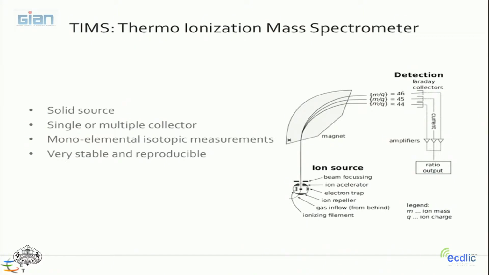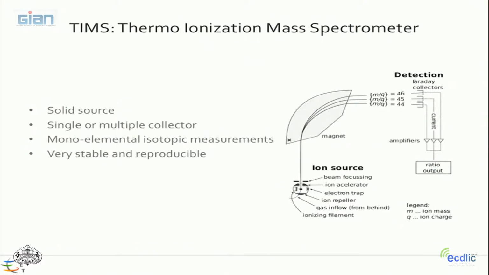You have several types of mass spectrometer. The first mass spectrometers made were single collector. Single collector means you emit your element here. You have what we call an ion accelerator, so this is the electric field. You create an electric field, so the ion, as soon as it ionizes your element, is running away according to the intensity of the electric field.